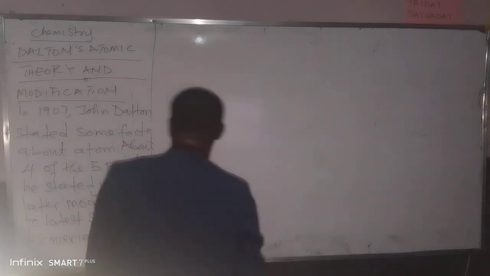So he stated 5 points, which were called Dalton's atomic theory. People were using it, but after a while, 4 of them were modified due to new discoveries. Now let's look at some of them.